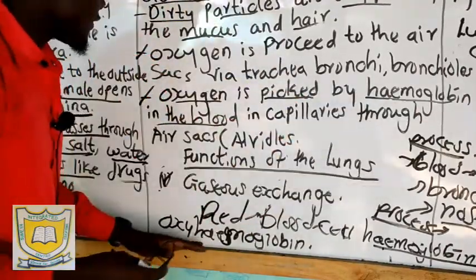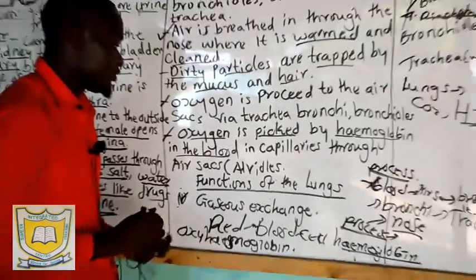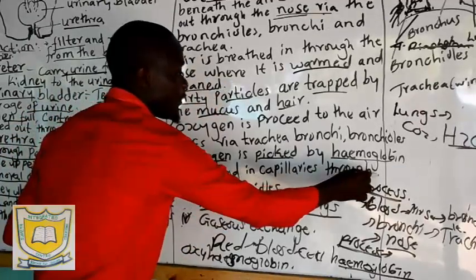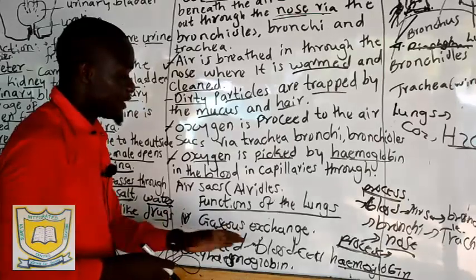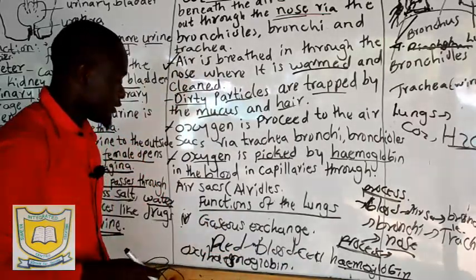After mixing with oxygen, they form oxyhemoglobin. That brings us to the final end of the lungs, and also to the discussion of how oxygen is transported to all other body parts.